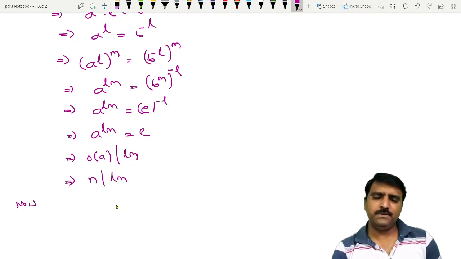If n divides Lm, either L is divisible by n or m is divisible by n. But m is not divisible by n, because m and n are relatively prime.